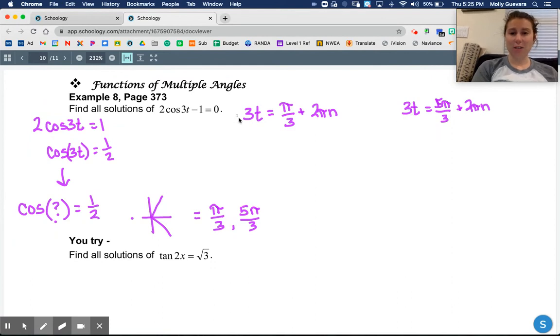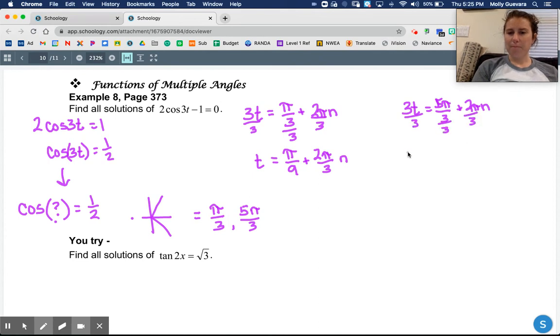Okay, so now I have to solve this. So I'm going to divide by 3, divide by 3, divide by 3. Everything has to divide by 3. So I get that the angles are pi over 9 plus 2 pi over 3 n. And then here, if I divide everything by 3, I get 5 pi over 9 plus 2 pi over 3 n.